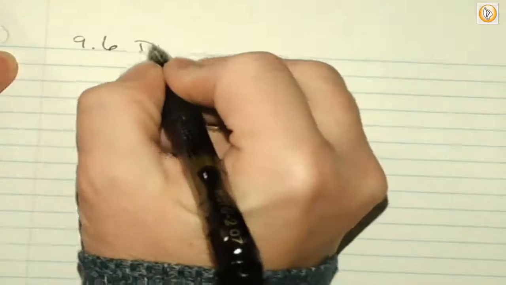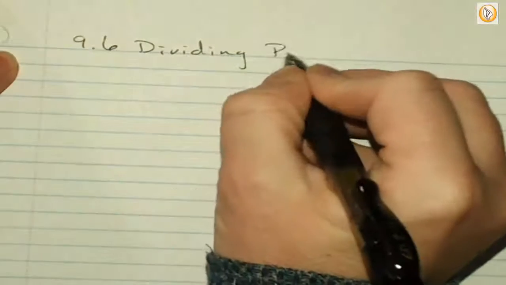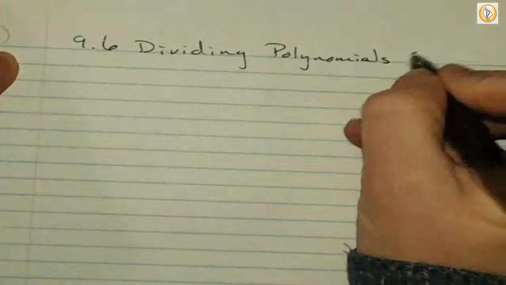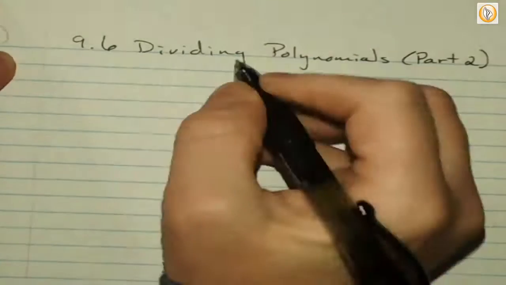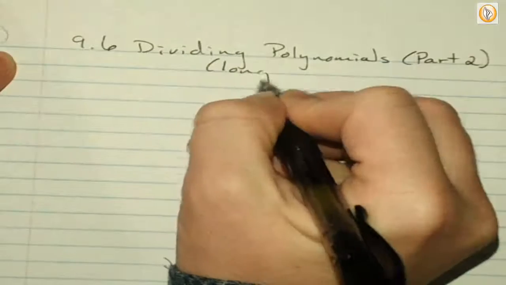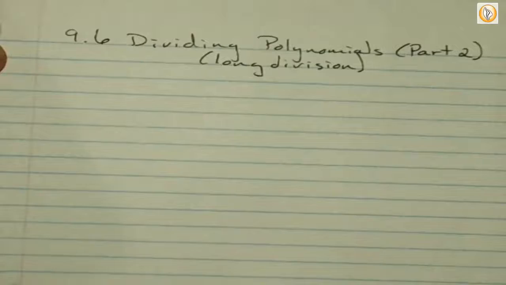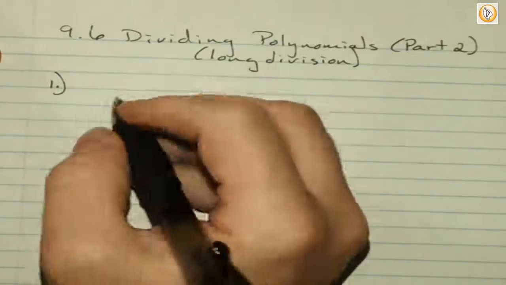Okay, so we're doing 9.6, dividing polynomials. And I'm going to say part 2, because this is going to be your long division. Okay, so step 1, and we have way more notes than we did yesterday.